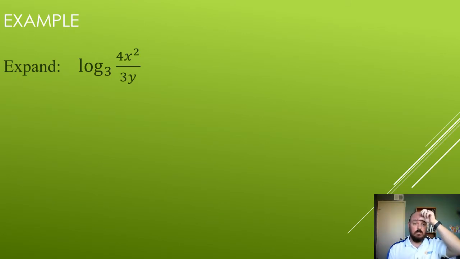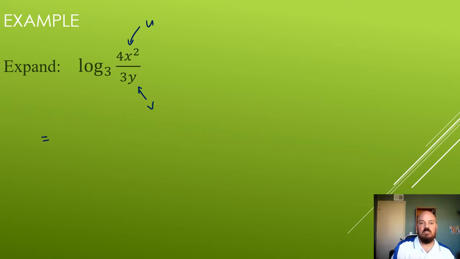So let's do an example. I'm going to do this first the straightforward way, one step at a time, and then we'll talk about a bit of a shortcut. What I see here first, it says expand the log base 3 of 4x squared over 3y, and I see that u over v property. This is my u, this is my v, so I'm going to use the log of u over v property.